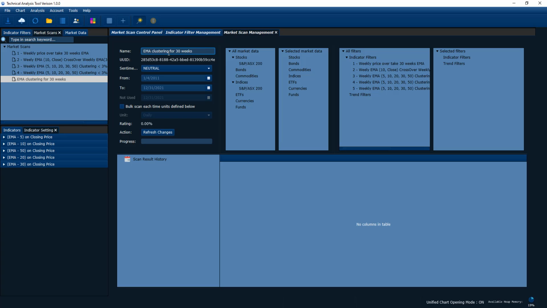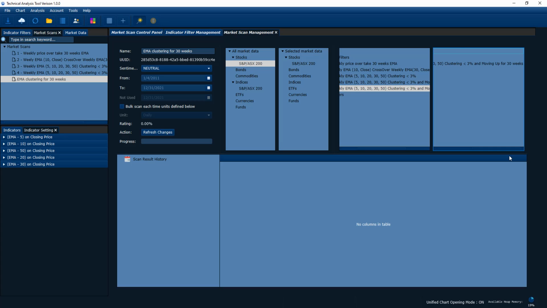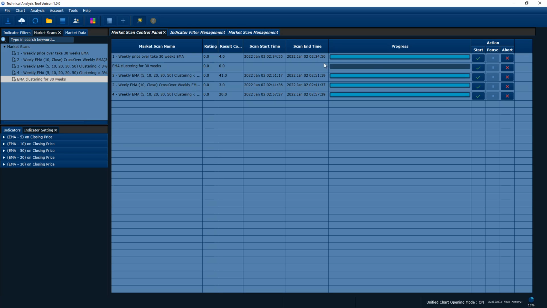Let's just name it that because this is our last example. Select the market I'm going to scan. I need to pick the number 5. So that's our condition. Let's run the market scan for number 5, which is this one.